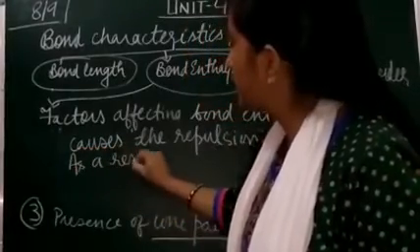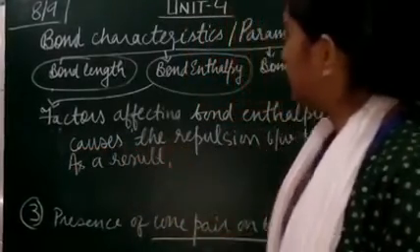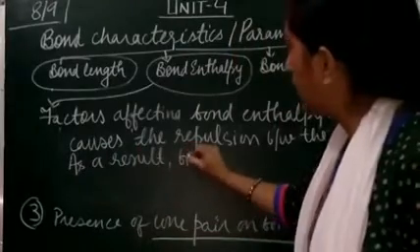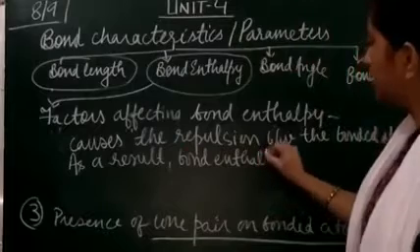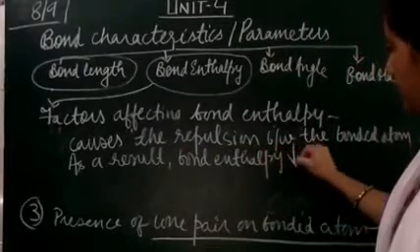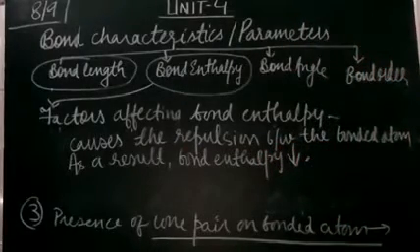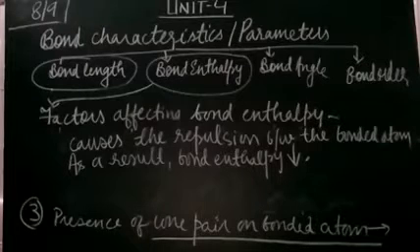As a result, bond enthalpy decreases, right? So bond enthalpy is going to decrease. Now here we will give the example where we will find the lone pair on the molecules.